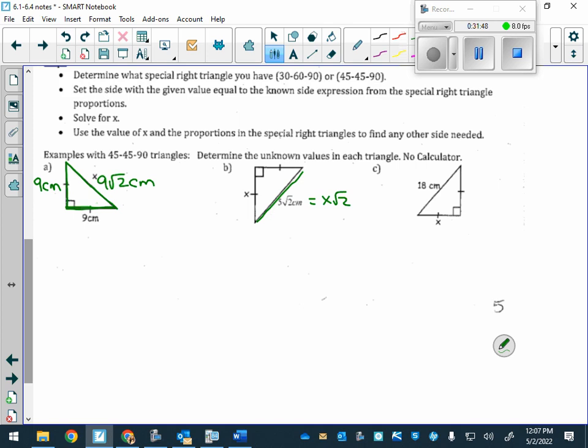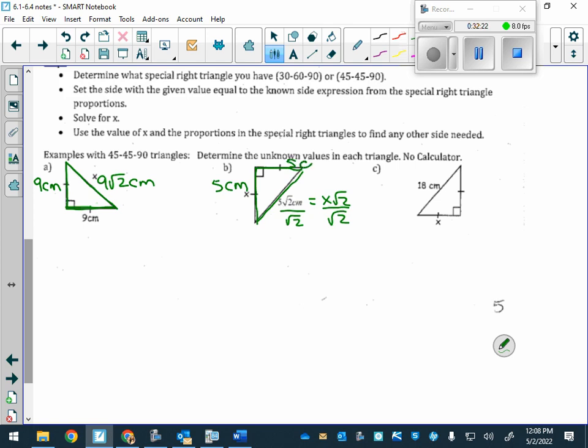We have 5 root 2 equals x root 2. I want to get x by itself. Careful. Divide both sides by root 2. And what happens here? They cancel out. So my side length is what? 5 centimeters. Would this side length be the same?